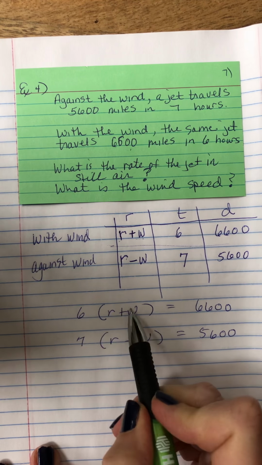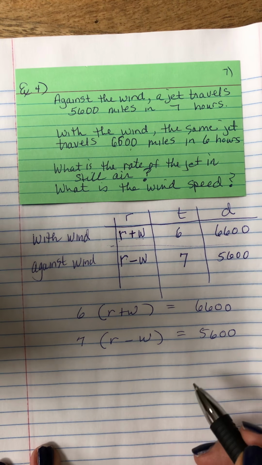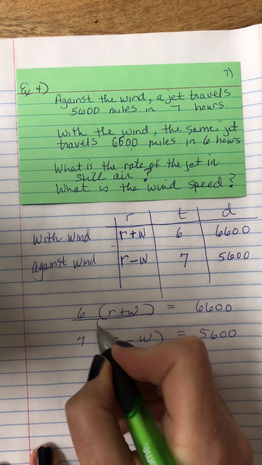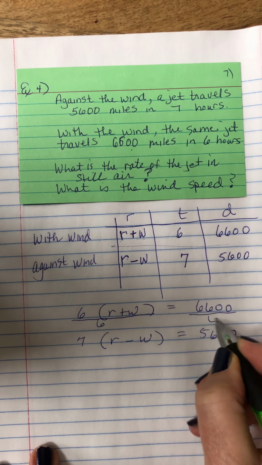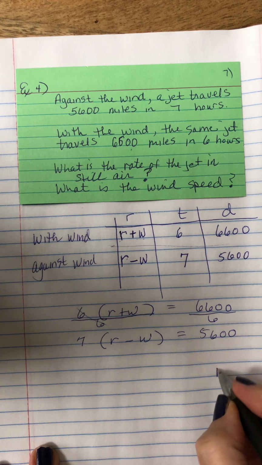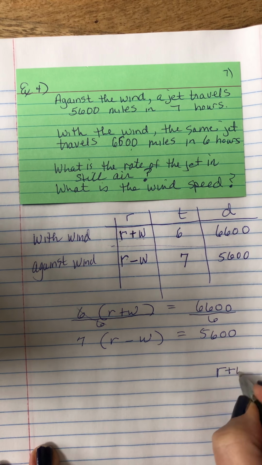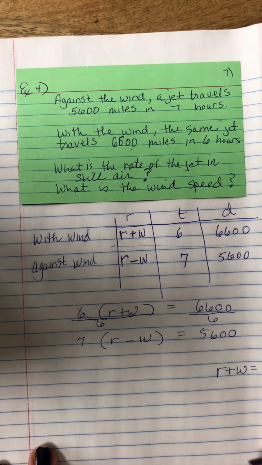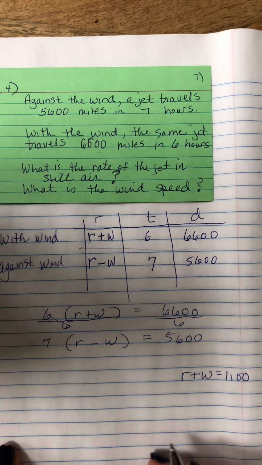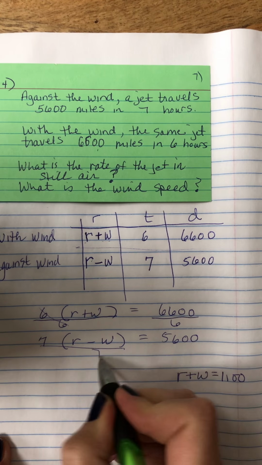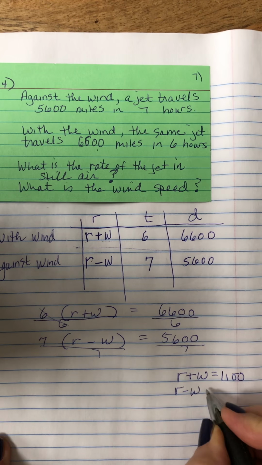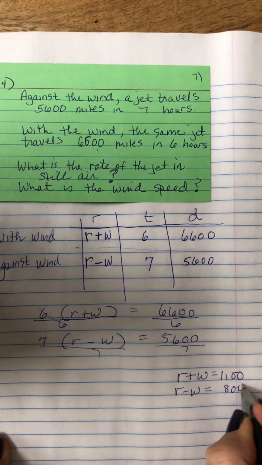Now I could distribute here to begin, but I see that I can take a shortcut and I can divide both sides of this first equation by 6. And that's going to give me R plus W is equal to 1,100. And my second equation, if I divide both sides by 7, then R minus W equals 800.